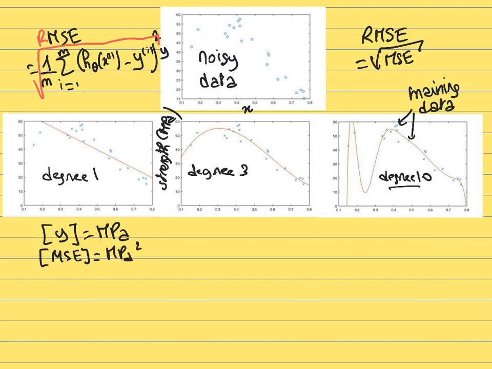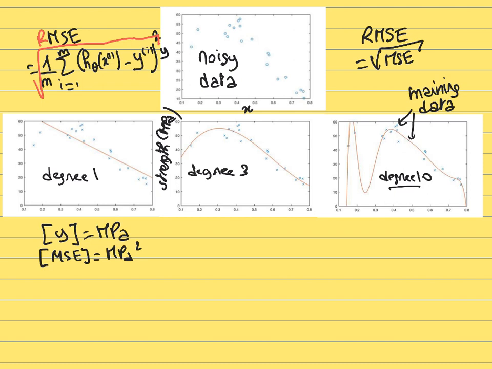So it's sometimes hard to understand the meaning of it. If the MSE is very large, you are making a large error. When it is very low, you are making a small error, which is good. But if I give you a value in square megapascal, it's hard to know if it's a high or low error.